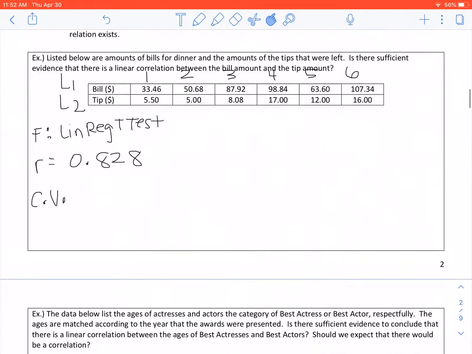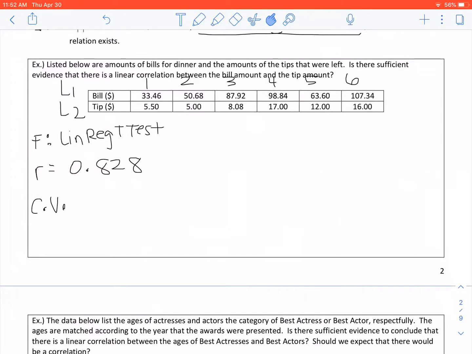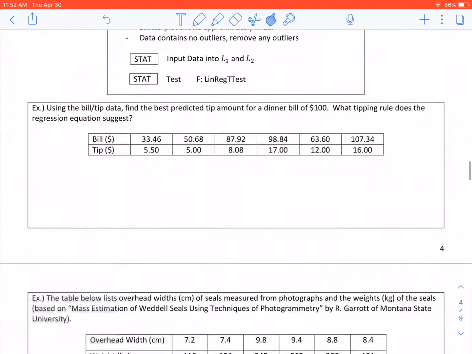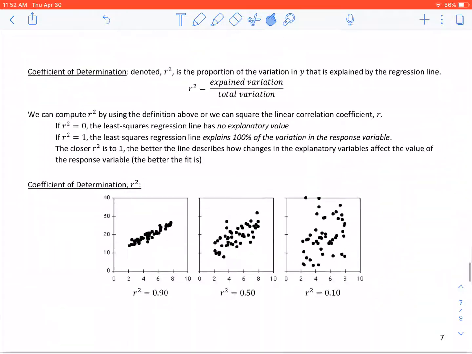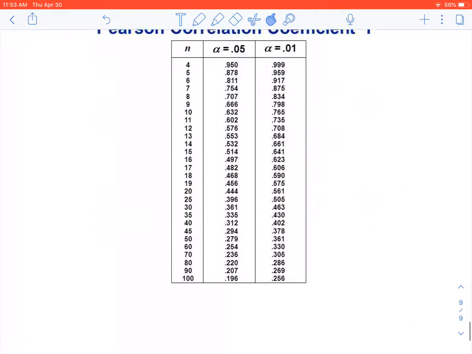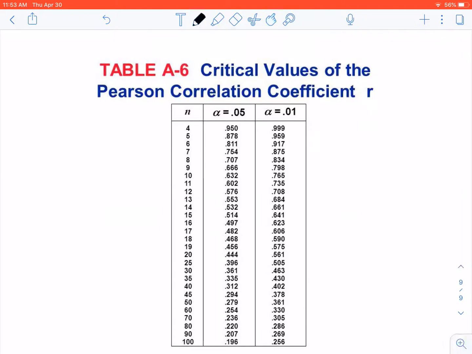So when I go down to look at my value on my table, going to A6, the last page in your notes, you'll notice that you have a value of n, and n is 6 right here. And for us, alpha is either going to be 0.05 or 0.01. I want you guys to use the significance level of 0.05. So the critical value that we have is going to be 0.811.